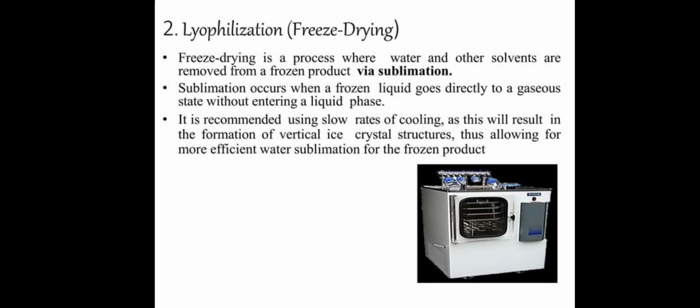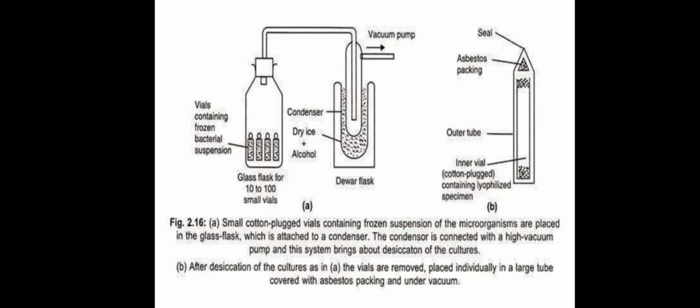Freeze drying. Freeze drying is a process where water and other solvents are removed from a frozen product by sublimation. Procedure: small cotton-plugged vials containing frozen suspensions of the microorganism are placed in a glass flask which is attached to a condenser.